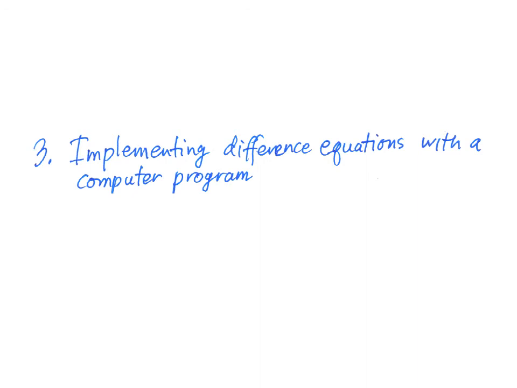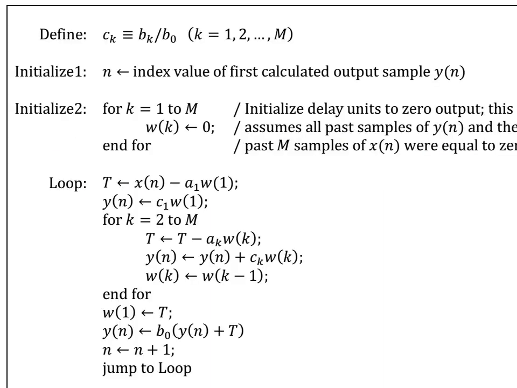What I show next is the pseudocode for a computer program that realizes the general case H of e to the j omega that was shown in the previous slide. Part of these comments are shifted off the screen. I apologize for that. But here it is in pseudocode.